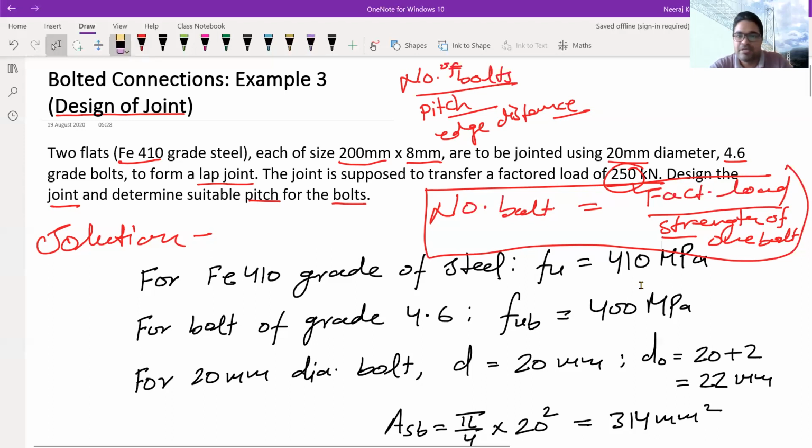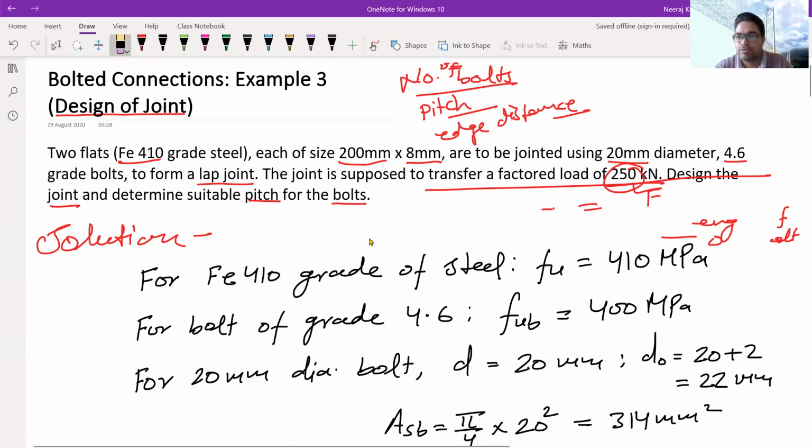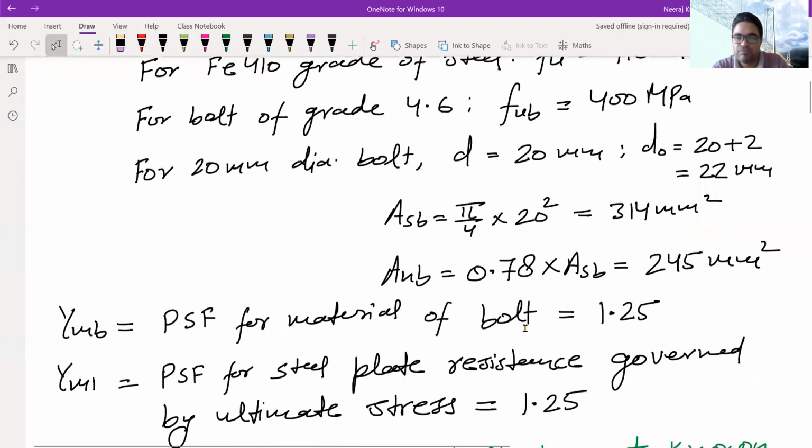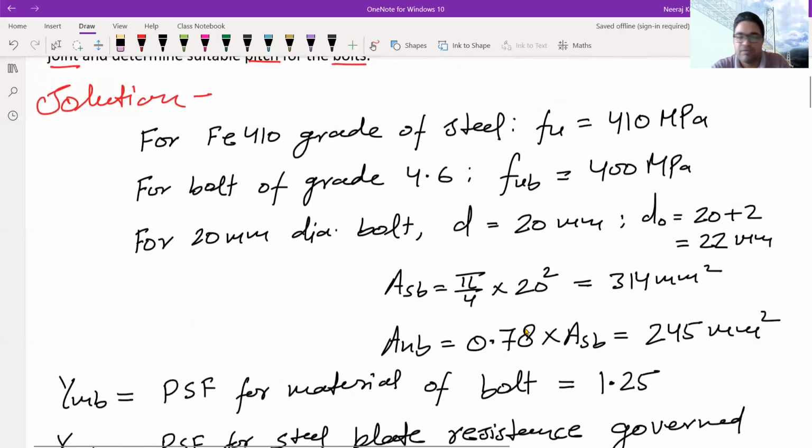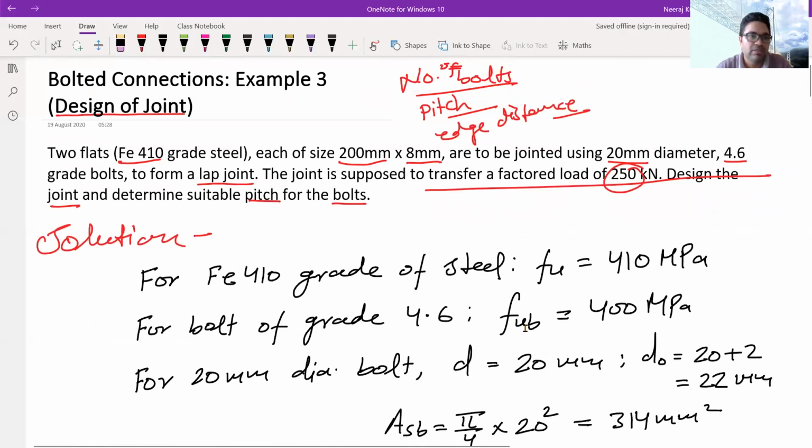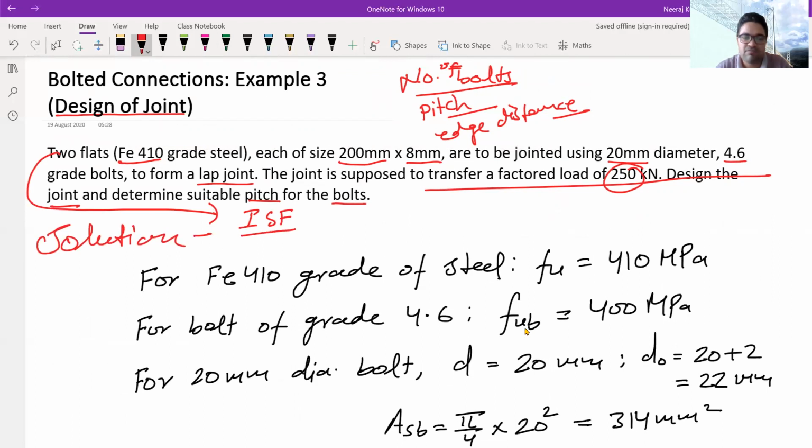So all the given data we write here. This is what we are supposed to do first. One more thing I have to tell you. It says two flat bars. Yes, there are two flat bars, and as per the steel table, it is ISF, which is Indian Standard Flat.